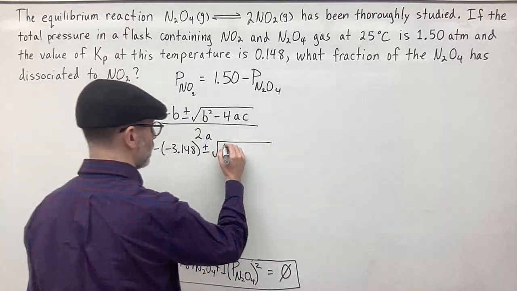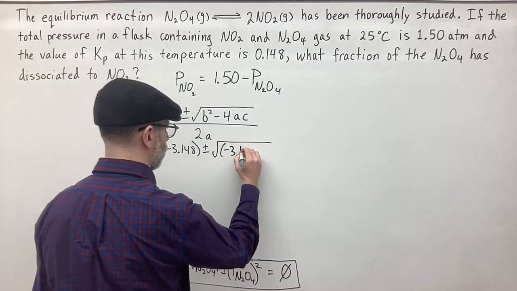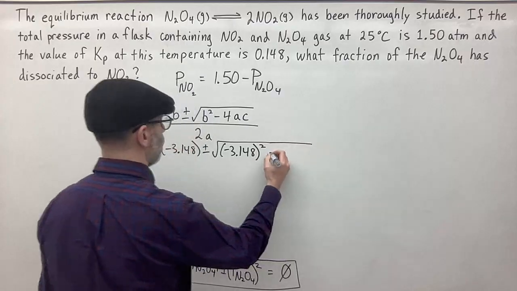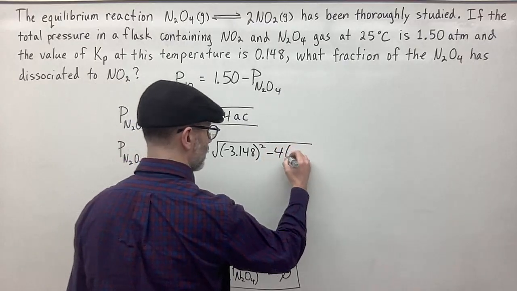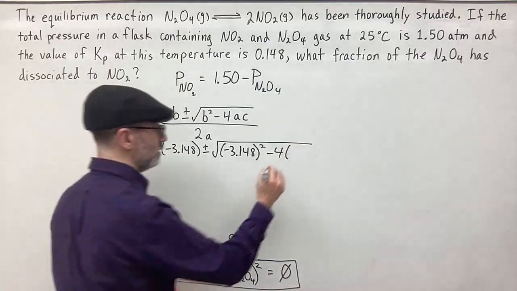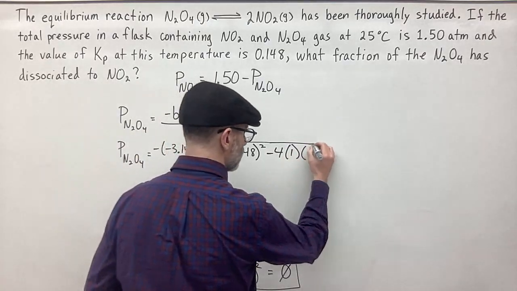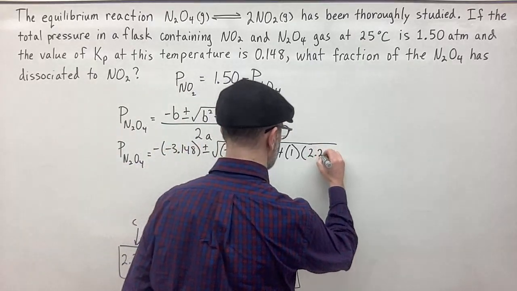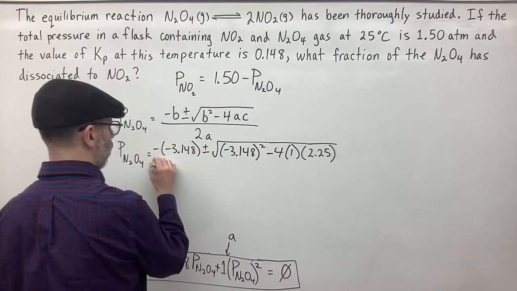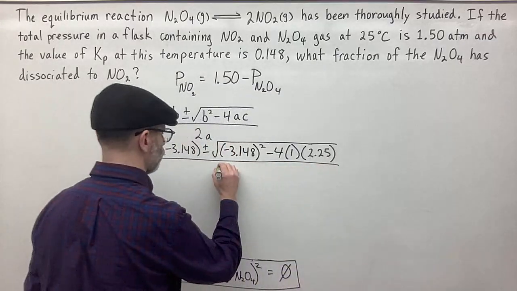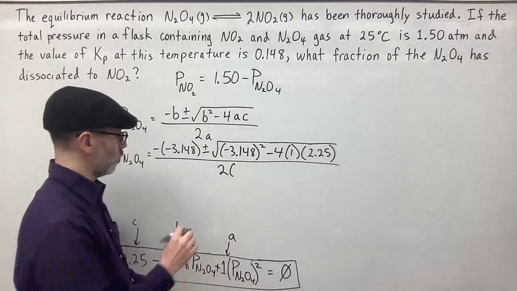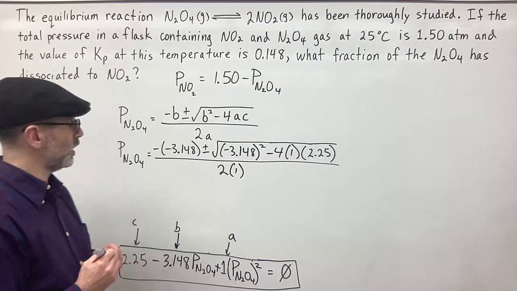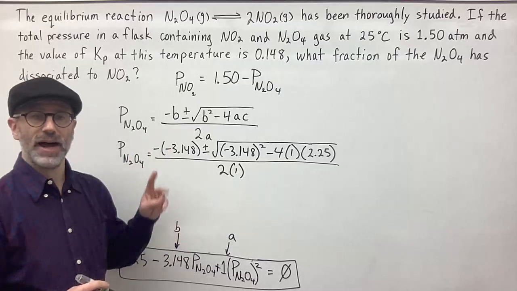Again, B is negative 3.148 squared, minus 4 times A, which is 1, times C, which is 2.25, and then all of this is over 2a, and again, a is 1. And so now we have everything plugged into our quadratic formula.